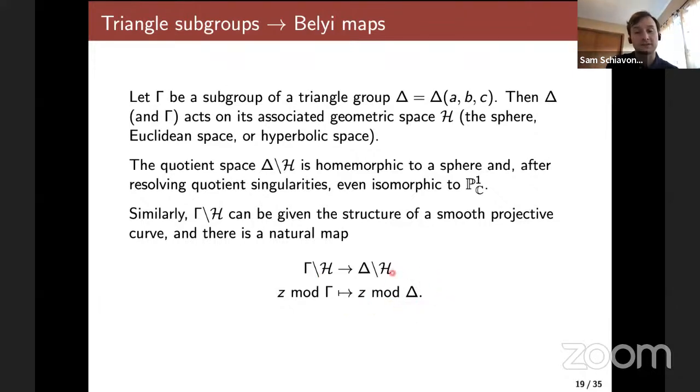So when you mod out by delta, you're modding out by something bigger. Okay, and I'll just note, I'm writing H mod gamma, but with gamma on the left, and that's because gamma is acting on the left, and similarly with delta. Okay, and so this map will be our Belyi map, just this further quotient by delta.